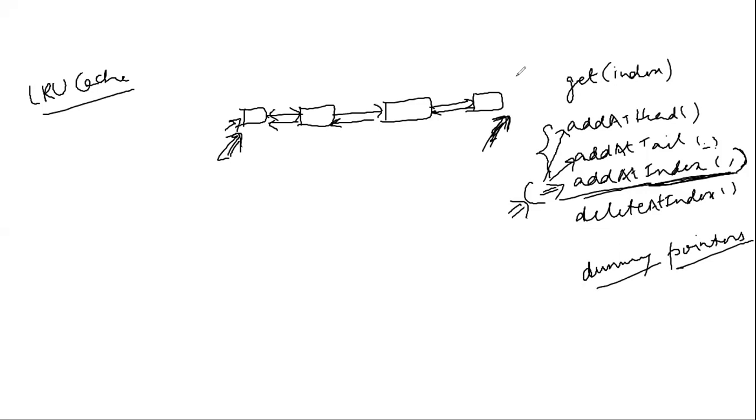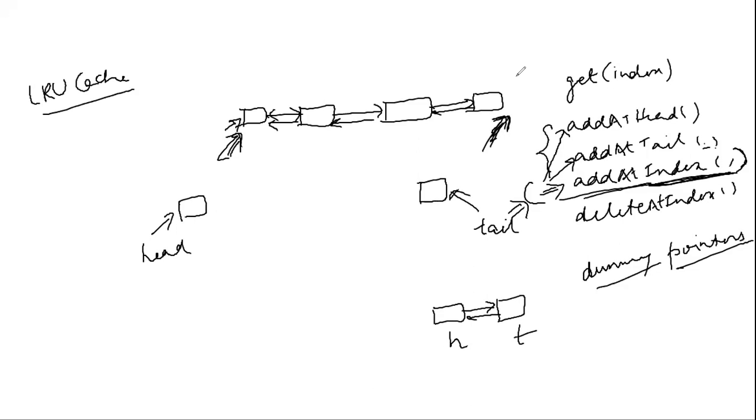In this particular case, as such, there is no dummy pointer, but actually you can think like you can always have these two ends as dummy pointers. We can call this my head, this my tail. Head, tail. And to begin with, this could be like this. Before I start doing anything, I can have this built in already, head and tail.